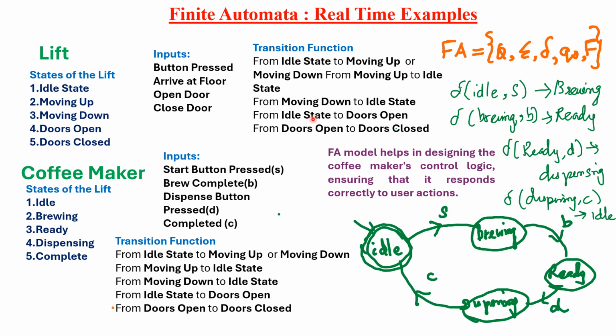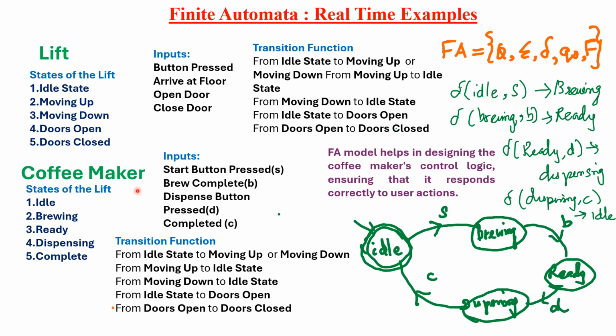Otherwise, idle state to door open if you press the button, and again if you press the close button, the door may be closed. So like that we have the transitions, and also we have the initial state and the ending state. The same representations we use in finite automata also.